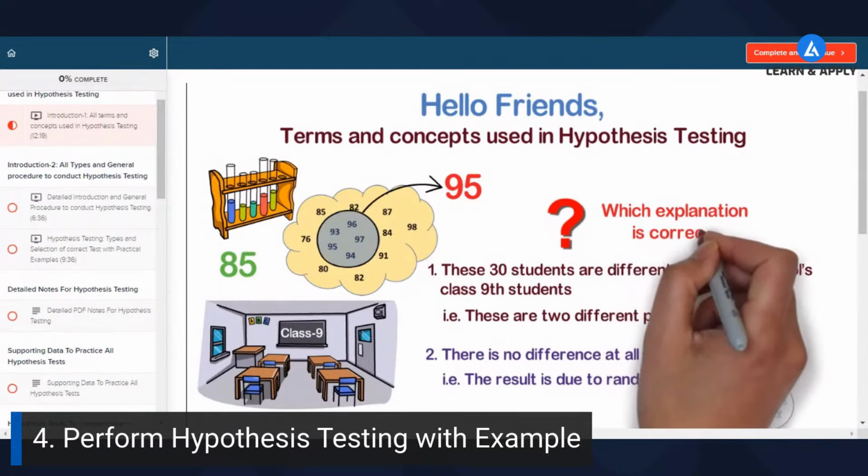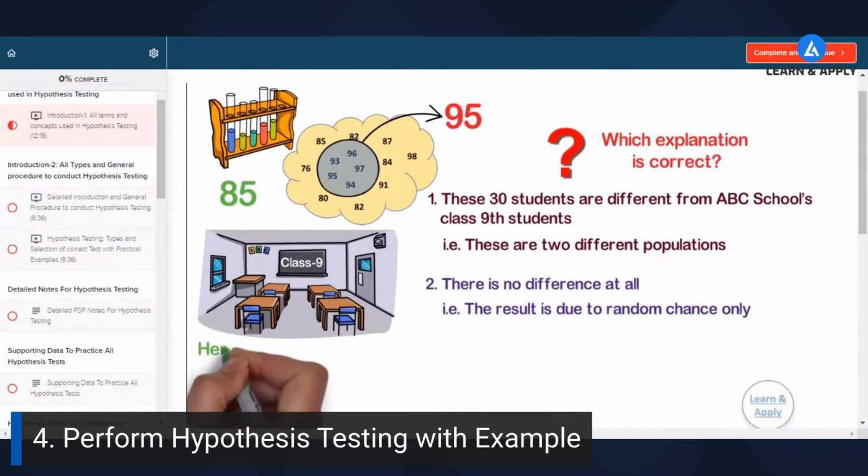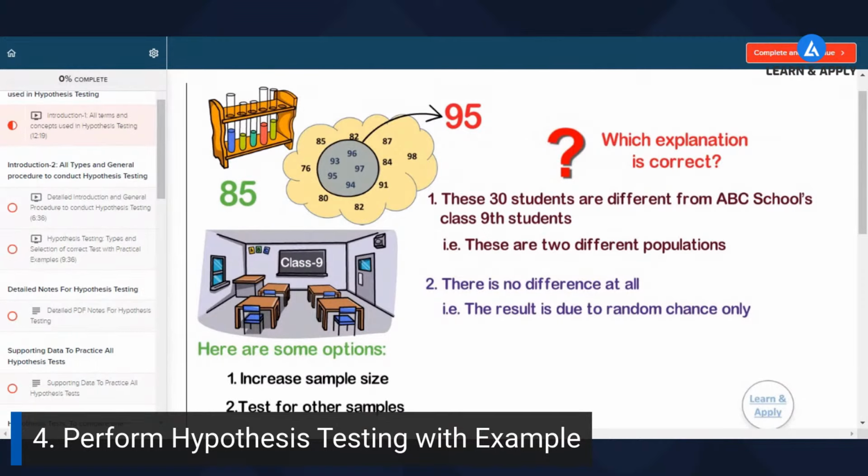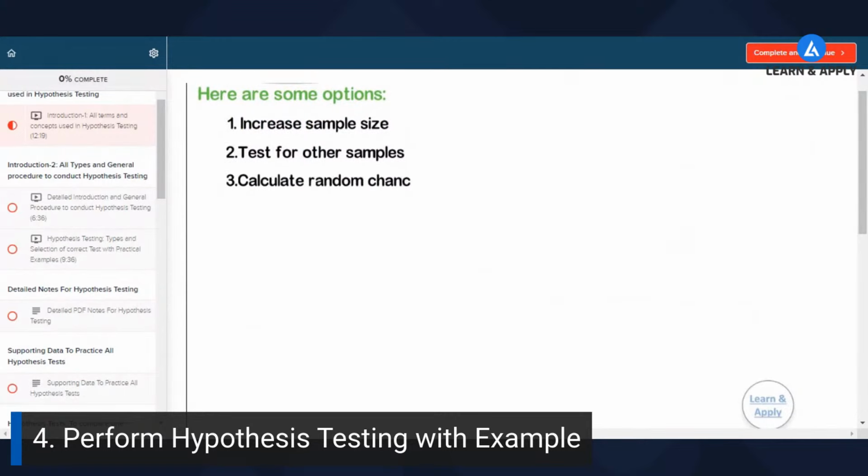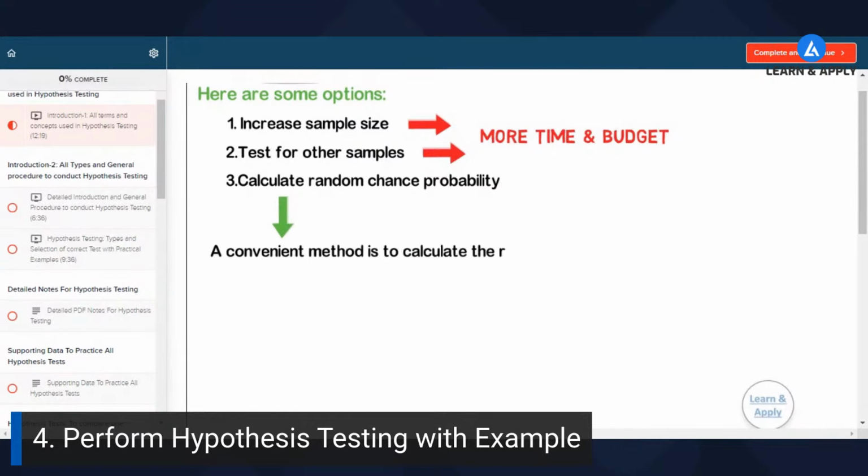There are various methods to help you decide this. Here are some options. 1. Increase sample size. 2. Test for other samples. And 3. Calculate random chance probability. The first two methods require more time and budget, hence aren't desirable when time or budget are constraints. So in such cases, a convenient method is to calculate the random chance probability for that sample.